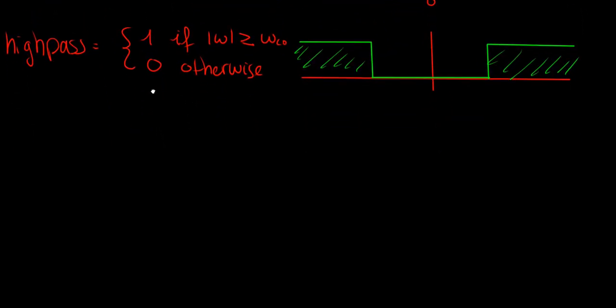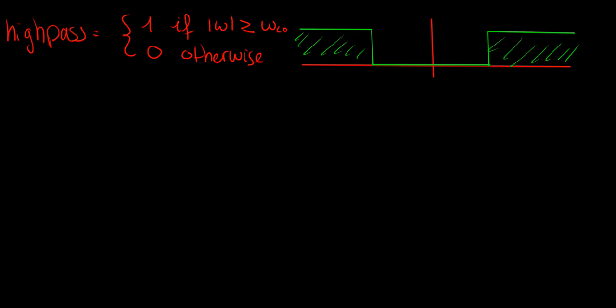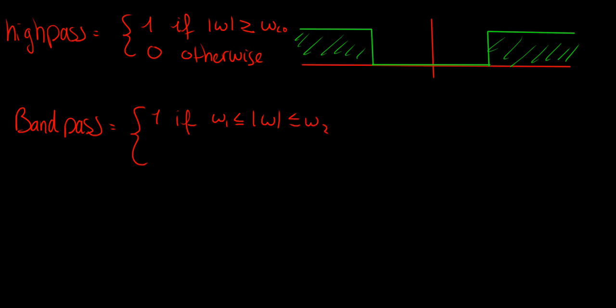Now, there was a low pass, there was a high pass, then we're going to a band pass filter. A band pass filter is defined as a 1 if the frequency is between two chosen frequencies and 0 otherwise.